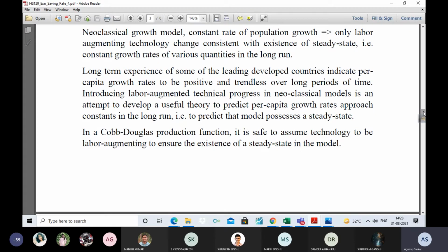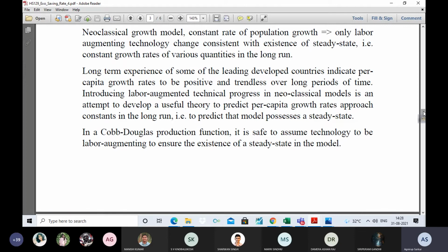That's a fact, right? So you cannot deny that fact. Hence, this sort of empirical phenomenon suggests that a useful theory would predict that per capita growth rates approach constants in the long run, right? That is, the model would possess a steady state.